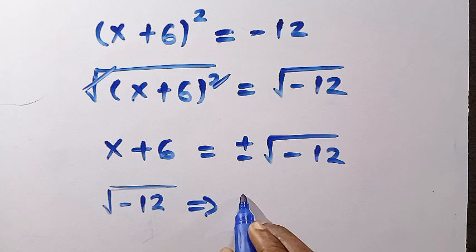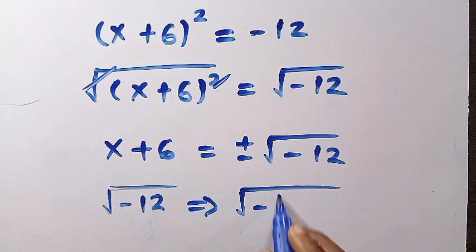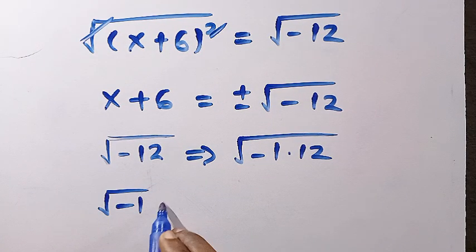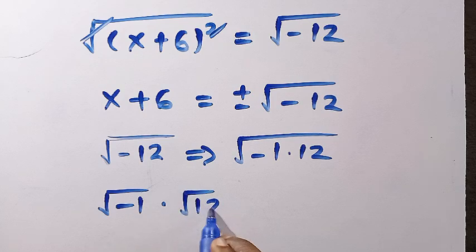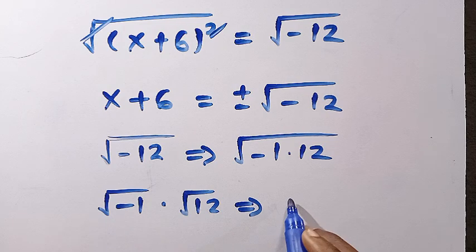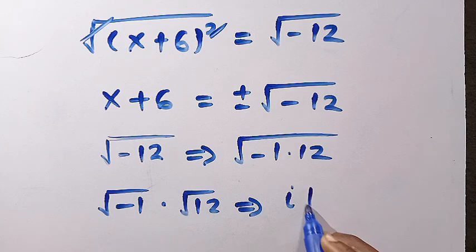So suppose we have the square root of minus 12. This is the same thing as the square root of minus 1 multiplied by 12, which is the square root of minus 1 multiplied by the square root of 12. The square root of minus 1 is given as i, then square root of 12.